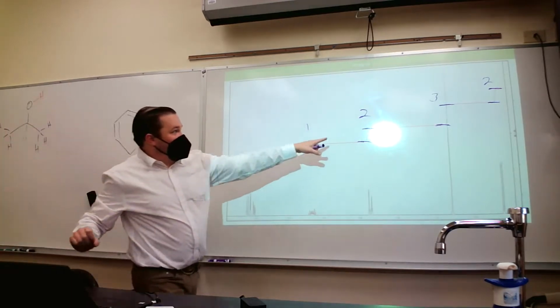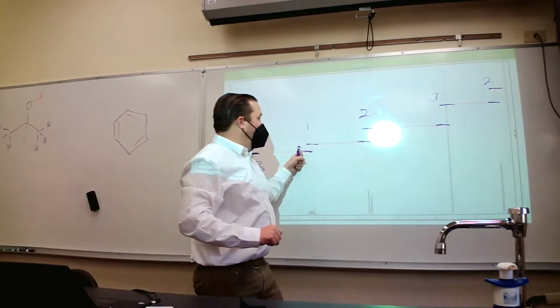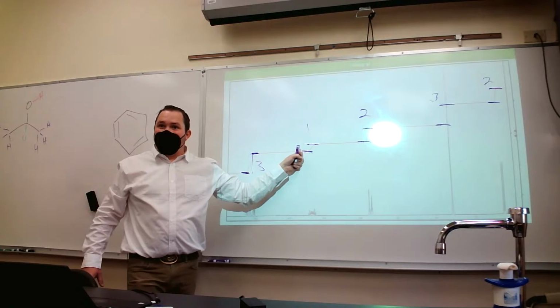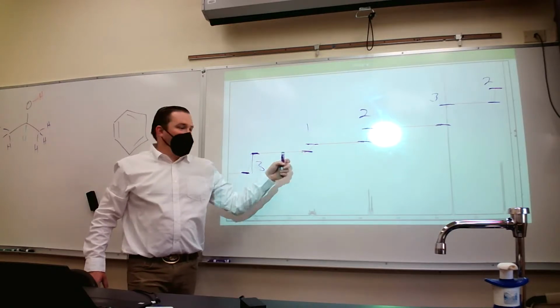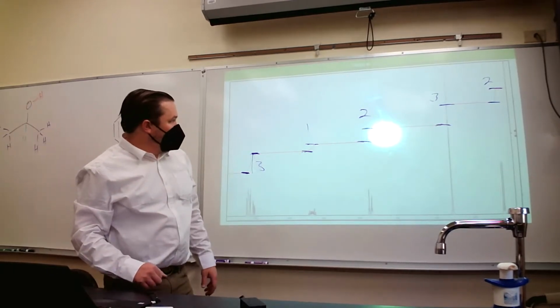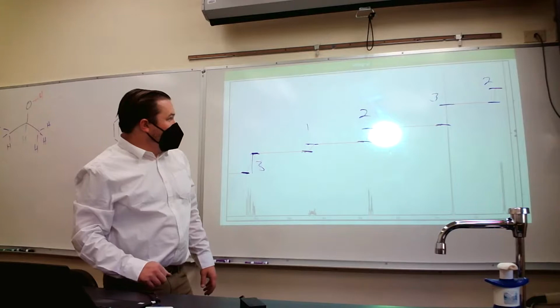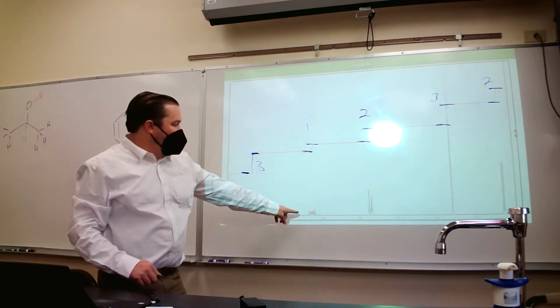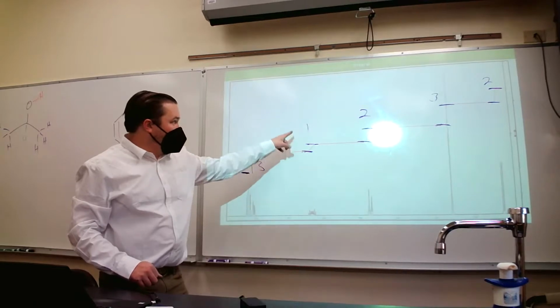And then integration of 2 and 2 and 1, that starts giving us a lot of information here, right? We could start trying to put together something that might work here. And I believe in this region, 5.5, that's an OH.